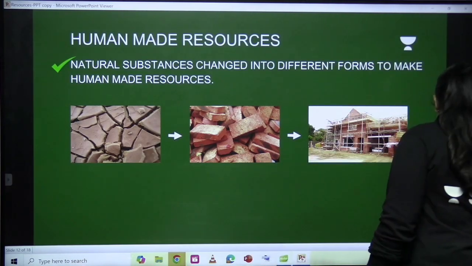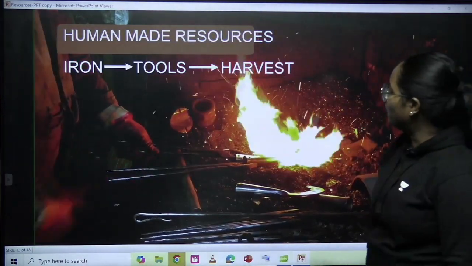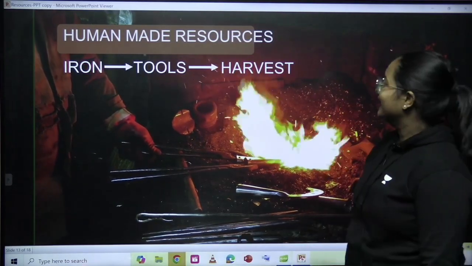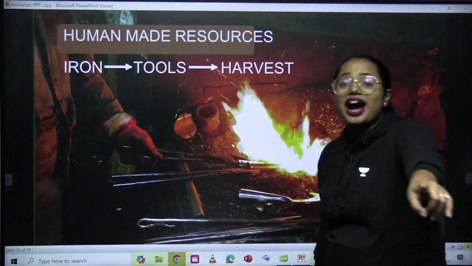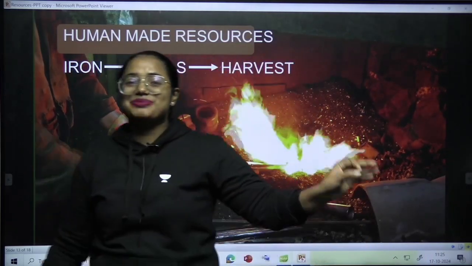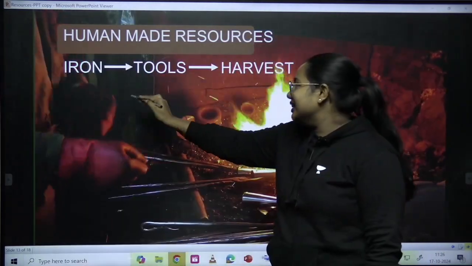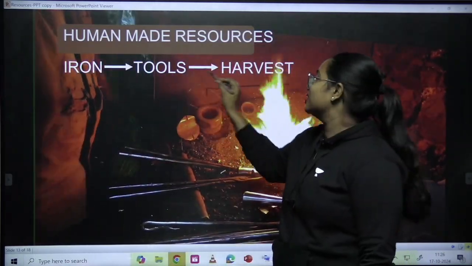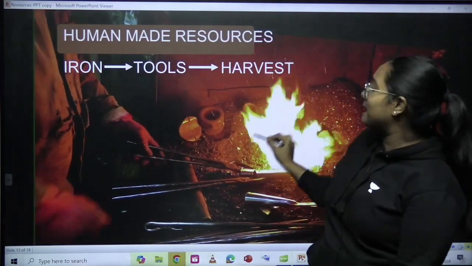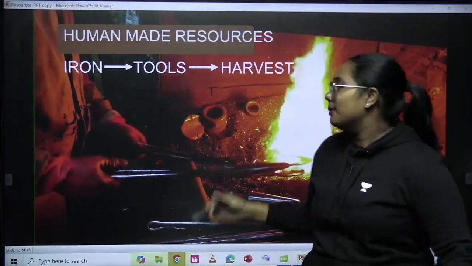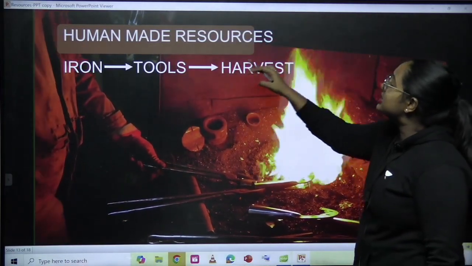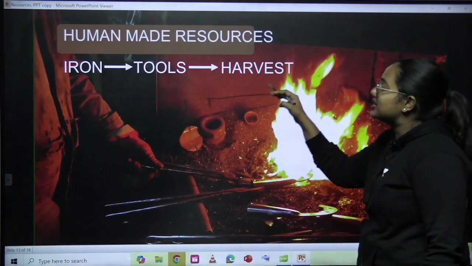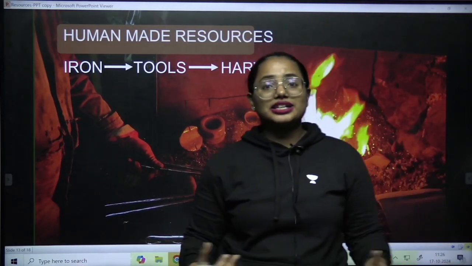So now we are moving towards the next one. Oh, one more example, right? Iron. So iron is nothing but a metal. It's not iron, okay? So please make the correction here. So iron can be used to make certain tools. Look at it. A blacksmith can make tools out of iron. This iron can be used to make the tools which are necessary for harvesting purposes in agriculture practices.